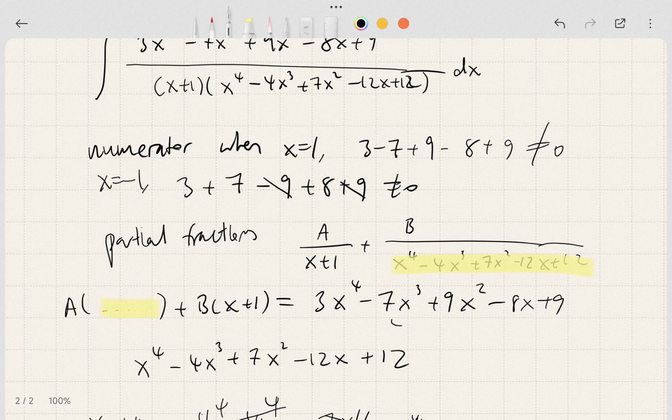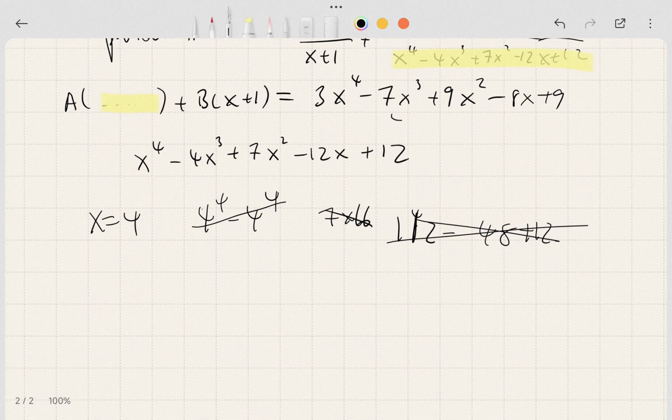Well, there must be squares. Repeated. Oh, okay. So if it were repeated factors, let's think about this. What about when x equals minus 1? Let's test it again. If you apply x equals minus 1 to this equation, you get 1 plus 4 plus 7, minus 1 does not work anymore.